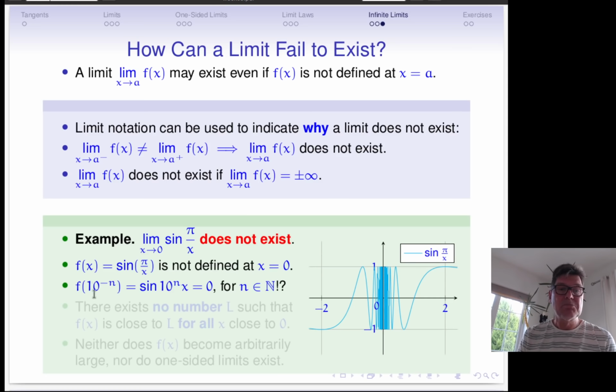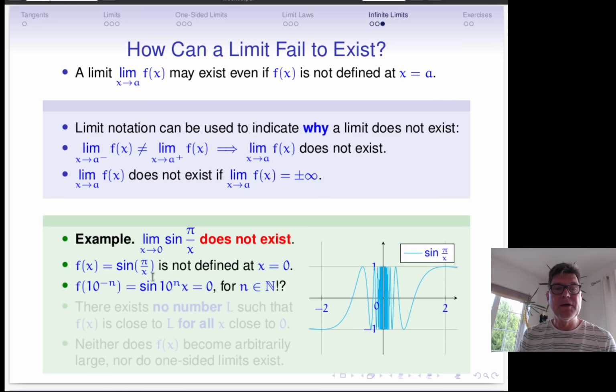We could list values. If we evaluate this function f at x equal to 10 to the minus n, then we're looking at the sine of 10 to the n pi, which is 0 for all choices of n.